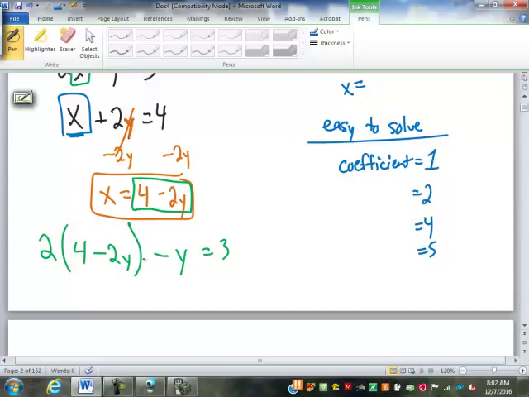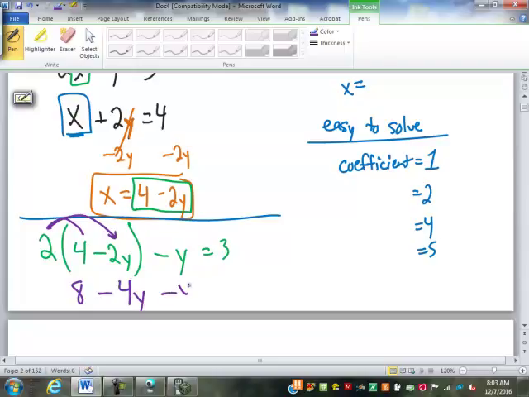What's the first thing we have to do here? Parentheses, right? Exactly. We distribute the 2. So 2 times 4 is 8. 2 times negative 2y, negative 4y.